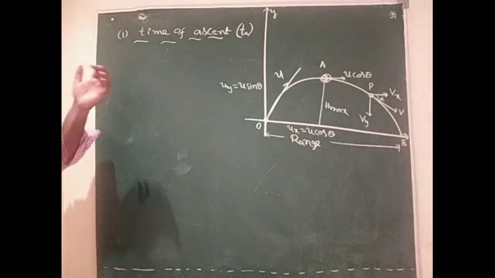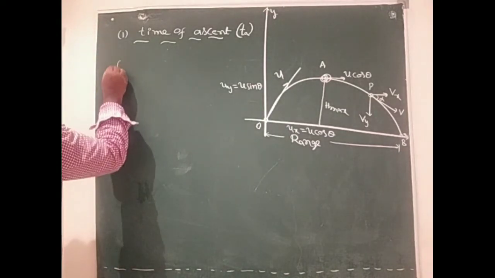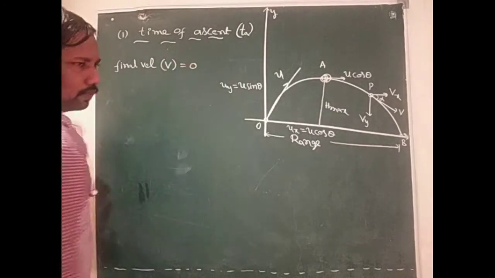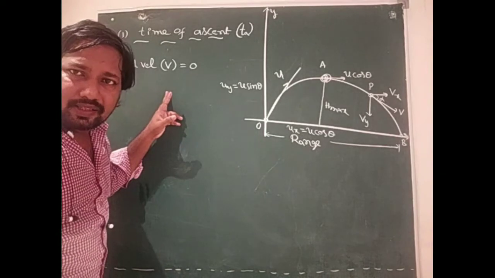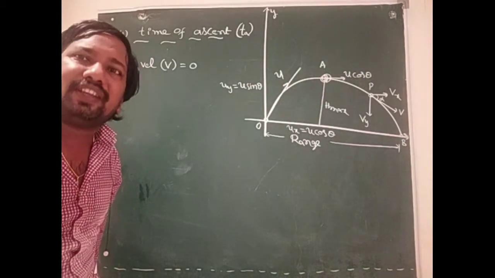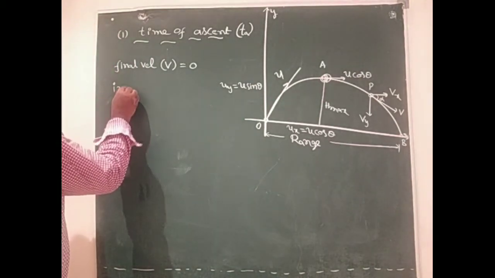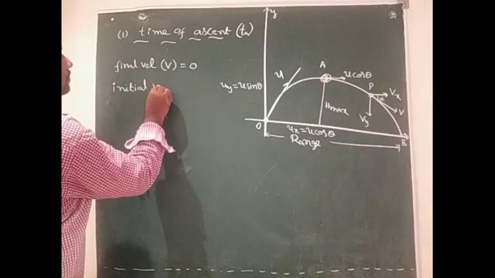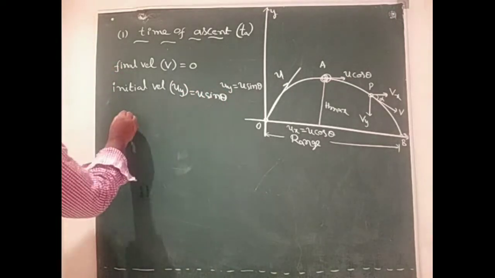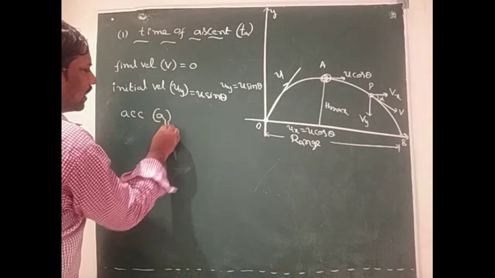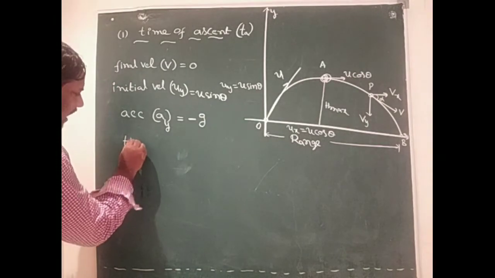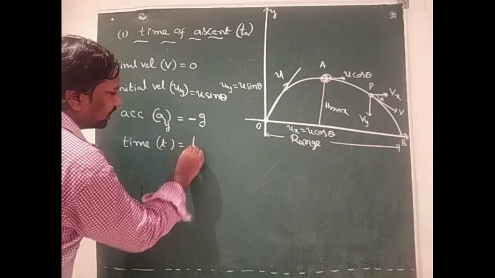So, in this case, final velocity, that is v equal to 0. Final velocity means at maximum height its vertical velocity component is 0, and initial velocity u_y is u sin theta, and acceleration along vertical direction, that is a_y equal to minus g, and time t equal to t_a.